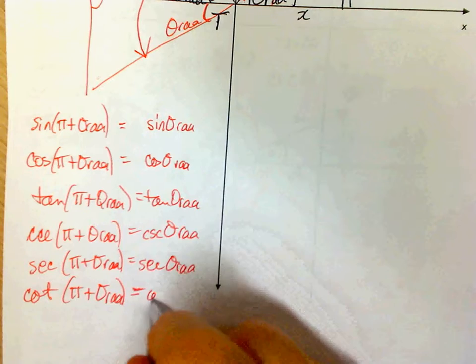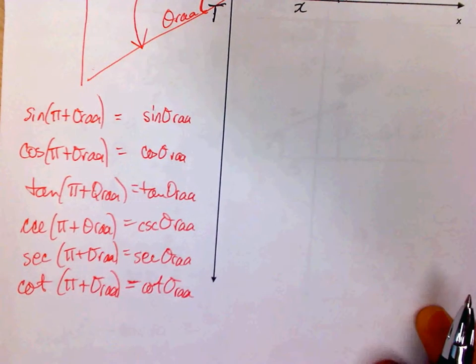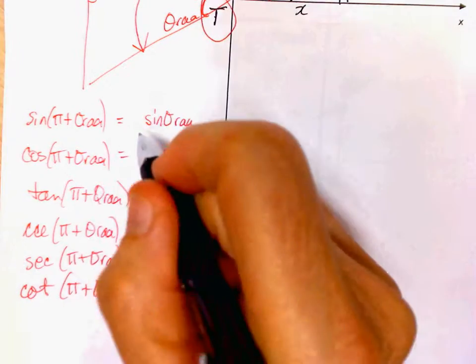So which one would be positive and which one would be negative here? So tan is positive and its reciprocal is positive.